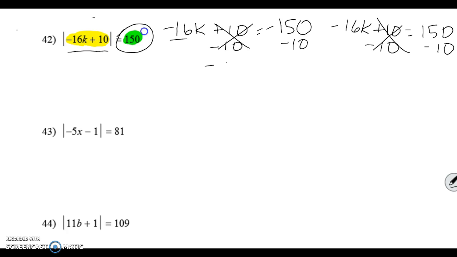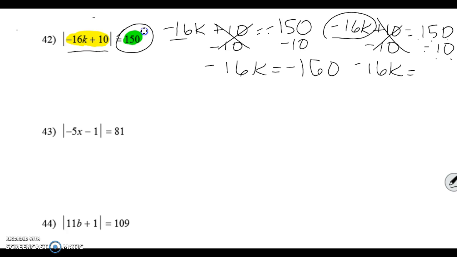I'm left with negative 16k equals negative 160, because that's negative 150 minus 10. I'll give you a second to catch up. And again, negative 16k. And this one is 150 minus 10, and that is 140.